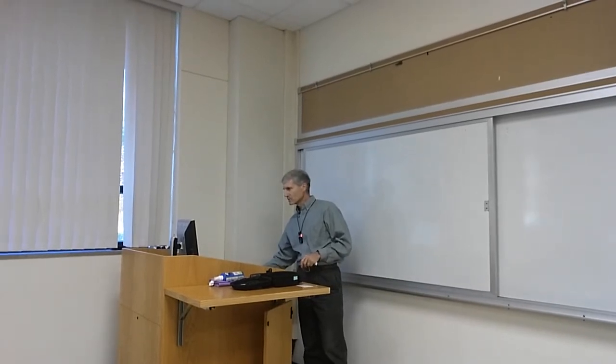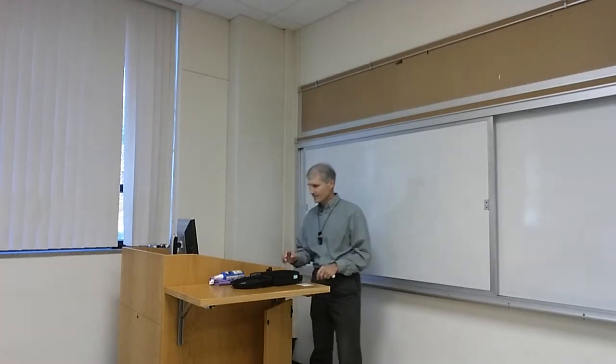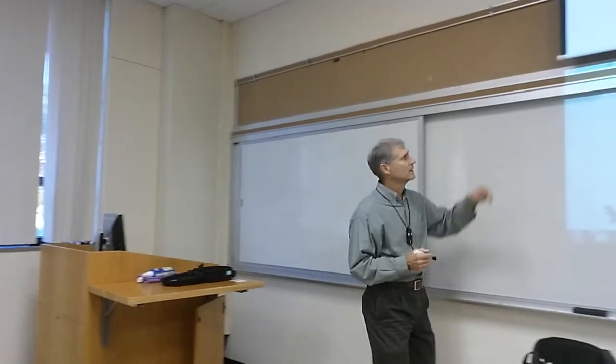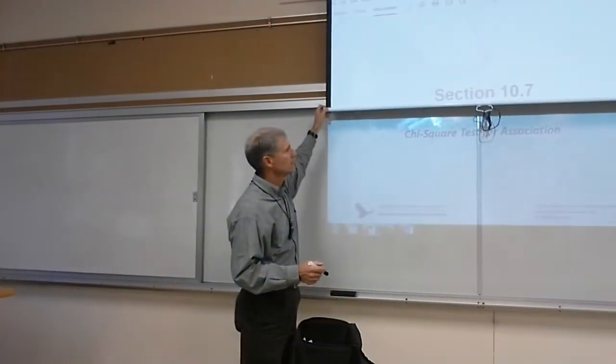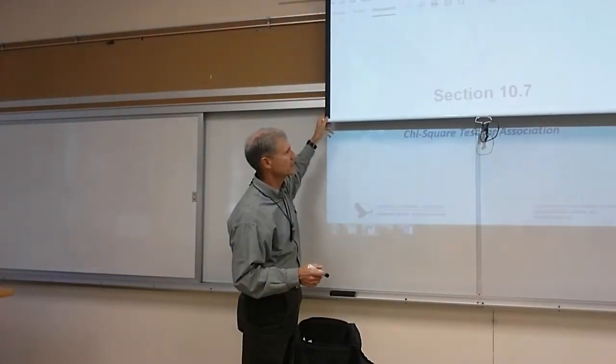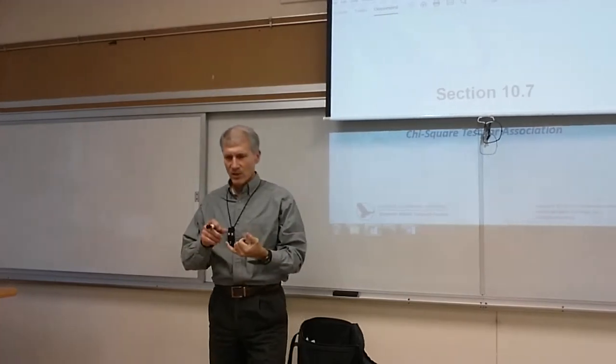And so, let me get up to the right page here. The chi-square test for association, we've had tests for means, we've had tests for proportions, and so far that's all we've had.